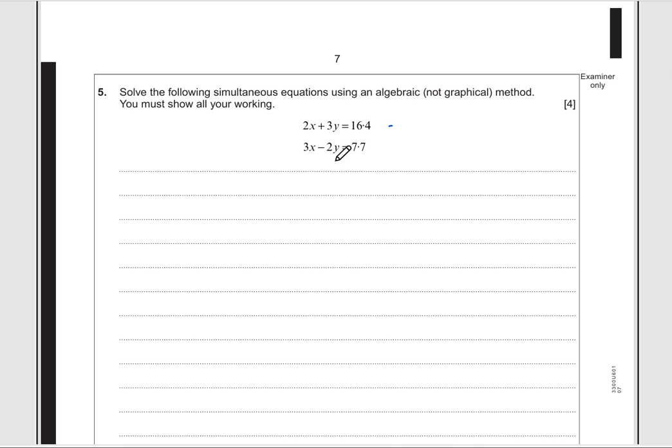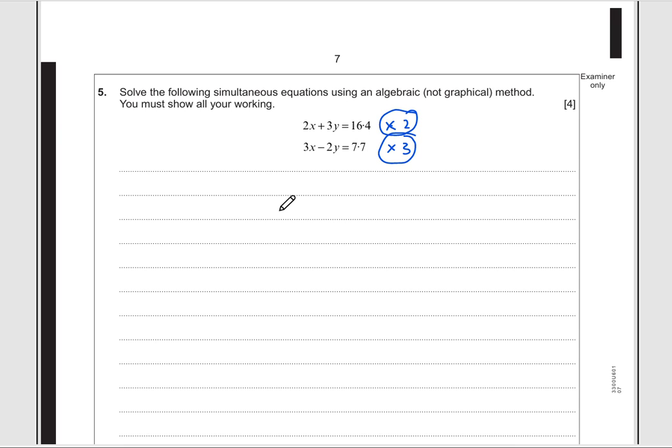So I'm going to choose to make the y's the same so that I can add them together. You may well have done the x's. That's absolutely fine. You should still come to the same solutions. So this first equation, I'm going to multiply by 2. Second equation, I'm going to multiply by 3.